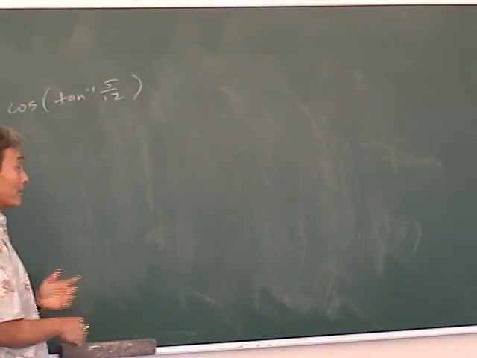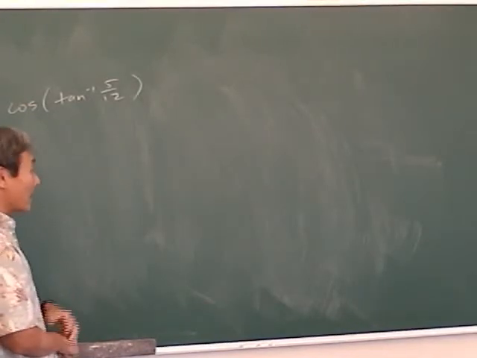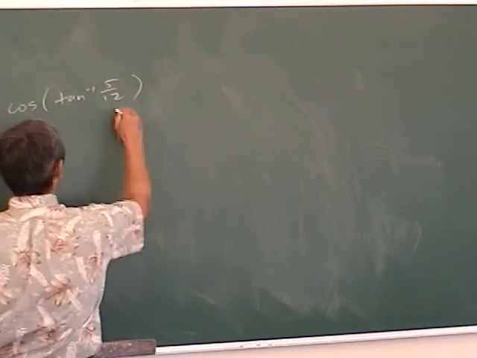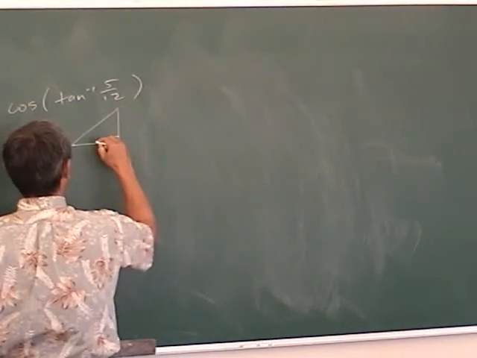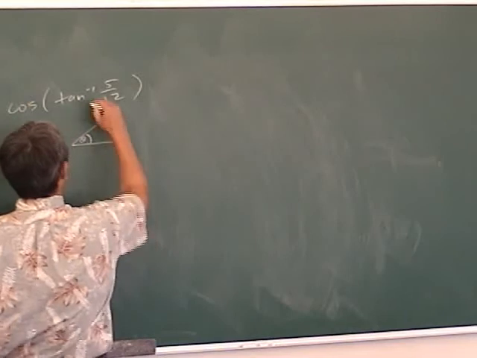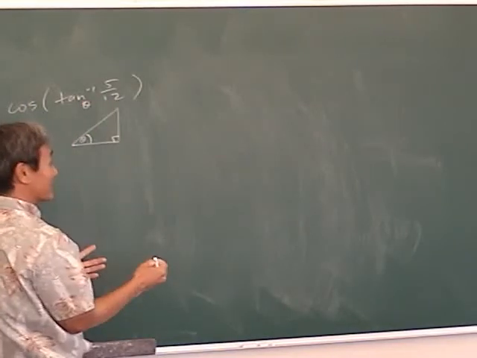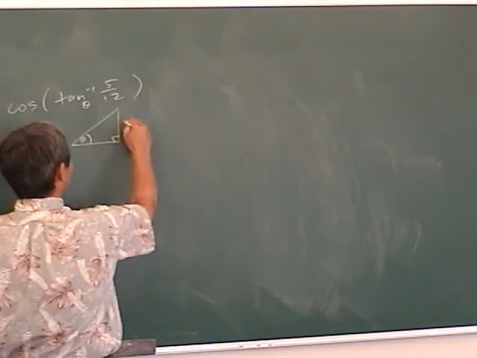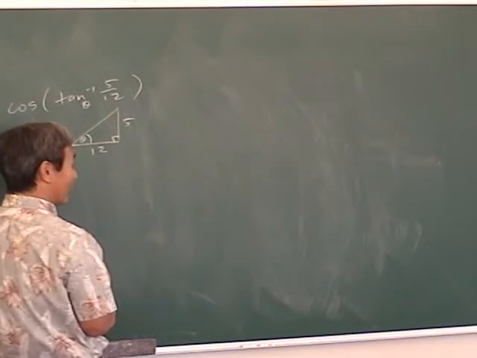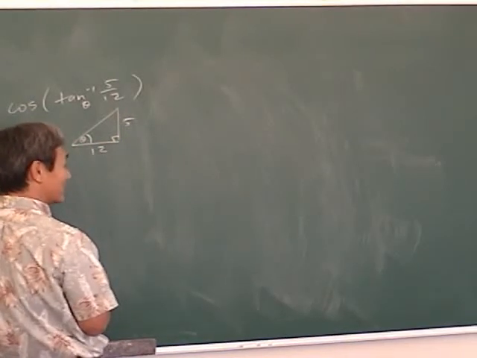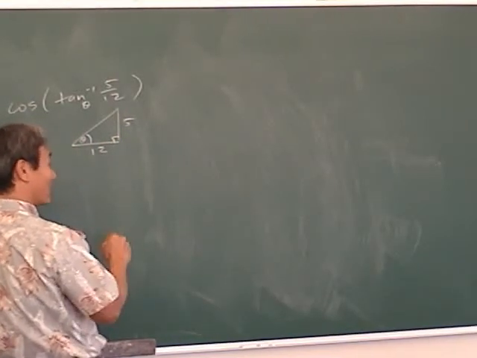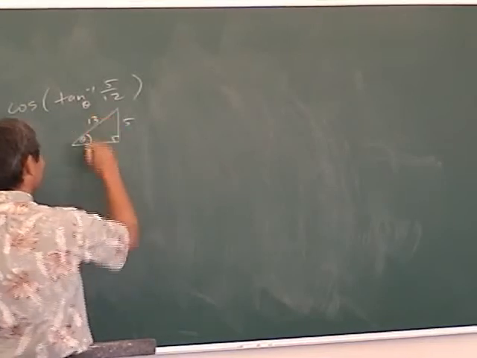Well, you don't know it, but can you draw it? Yeah, you did this last year, right? Call this angle theta. I don't know what it is, but the tangent of it is 5/12. So just do SOHCAHTOA. 5/12, opposite over adjacent, and then 5, 12, 13.